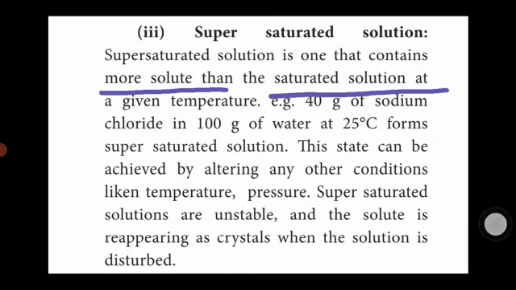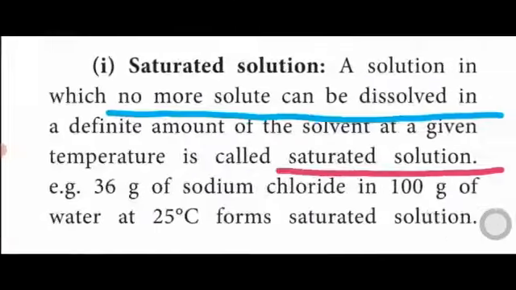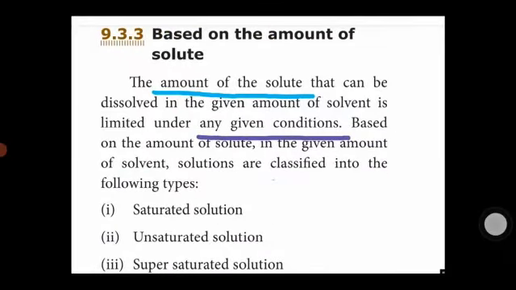Once again, recall what is saturated, what is unsaturated, and what is supersaturated. Saturated means a definite amount of solvent dissolved with no more solid particles: 36 grams of sodium chloride dissolved in 100 grams of water only.